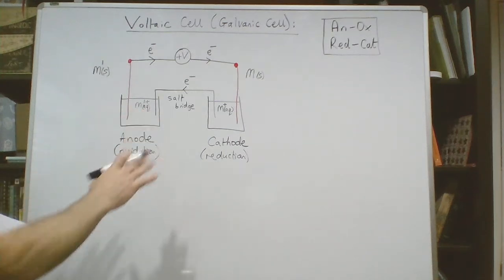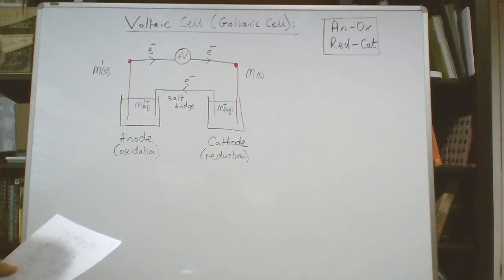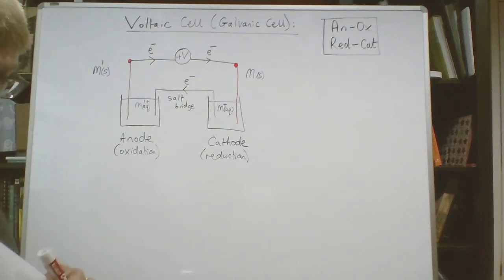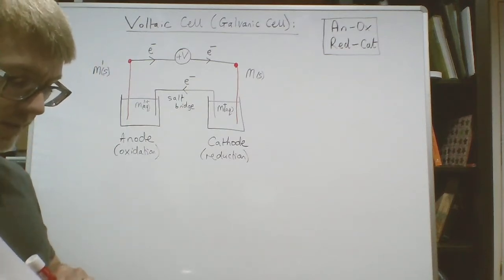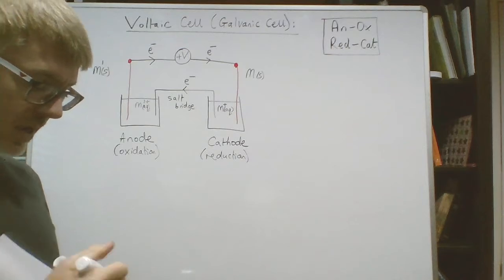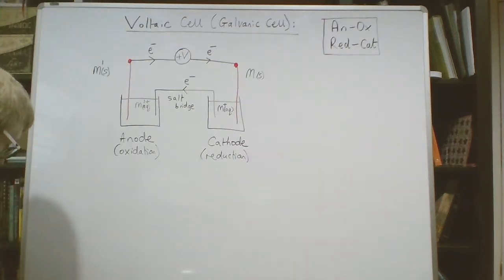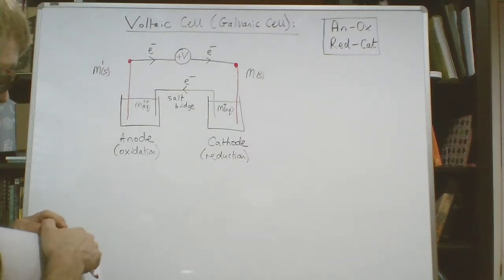Okay, so we've labeled our galvanic cell. Let's go ahead and see what the ions are doing. So I'll try and use red here to distinguish. I have red and black, so I'll try and use my colors judiciously but not gratuitously.